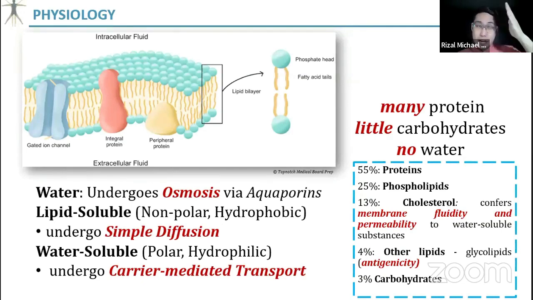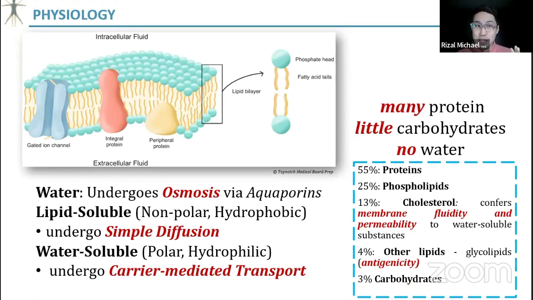Water undergoes osmosis using your aquaporins, so it passes through aquaporins from one compartment to the other. The difference is between lipid-soluble and water-soluble substances. This is your lipid bilayer, and the tail is made out of fatty acids. If it's fatty acid, that means it's lipophilic, and always remember that if it's lipophilic, it's hydrophobic.